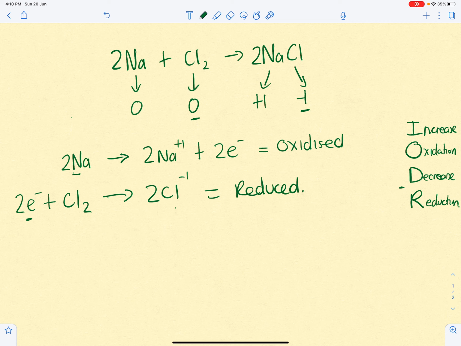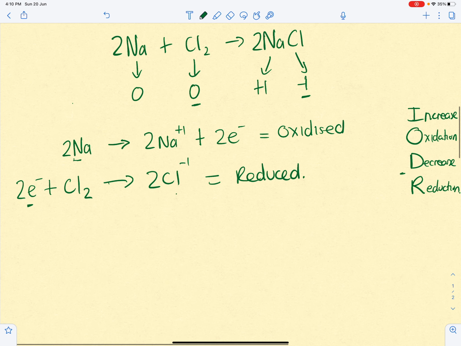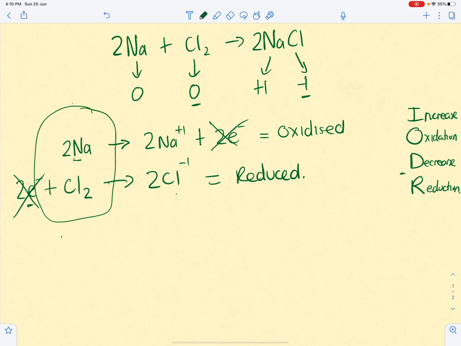Both ways are correct. Now what you can do is you can write your full ionic equation. You just put your half equations together. Do we need electrons in the full equation? No. So we're just going to cancel out these 2 electrons here and here. So let's take the full ionic equation. We just write everything this side.